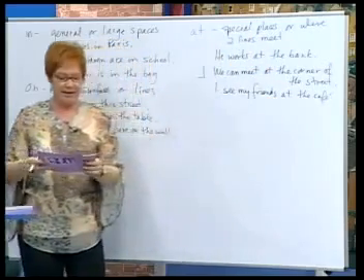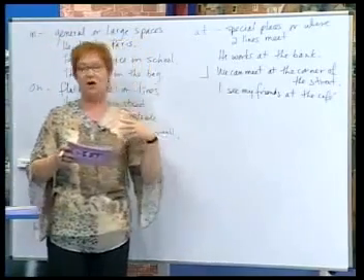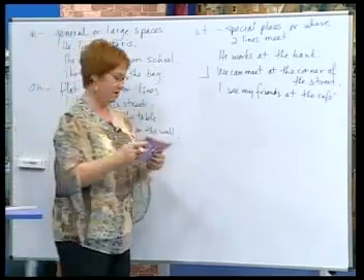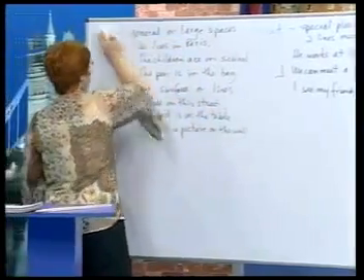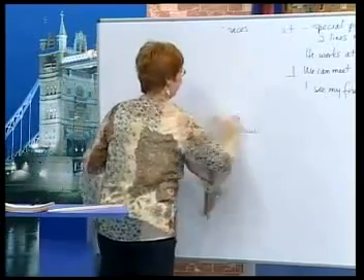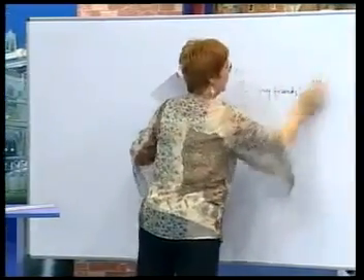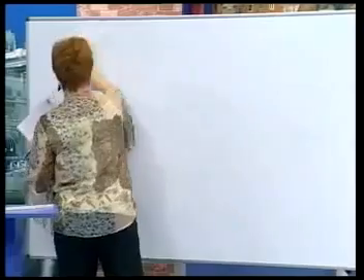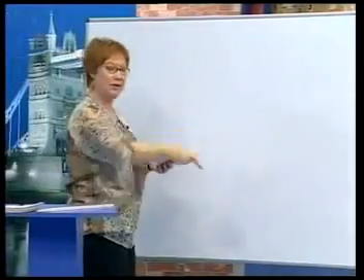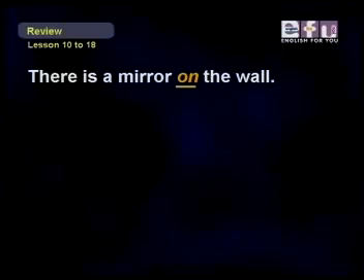Okay? Now, we can talk about these prepositions when we talk about where objects are. So let me make some room here, and we'll do a little bit more with prepositions. Remember that the preposition comes before the place. So here's some sentences. There is a mirror on the wall.